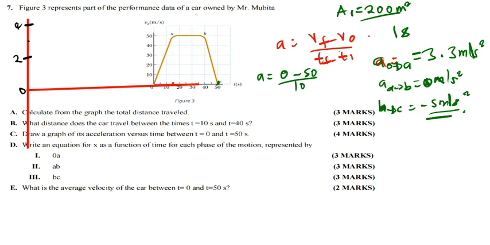The time when we found it was 3.3, what was the time? The time we found was 15. Meaning that I'm going to have 15 here. Another time when it was constant, from A to B: A is 15, B is 40. What is 40 minus 15? That is 25.